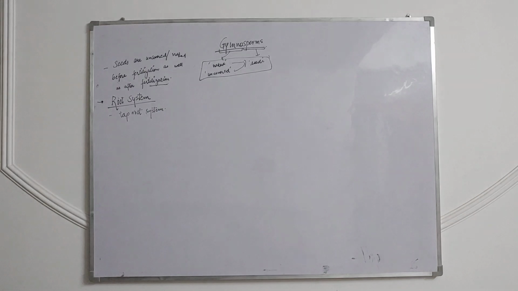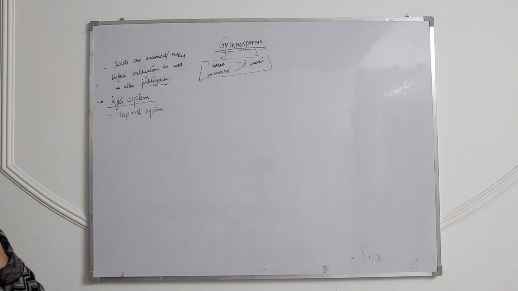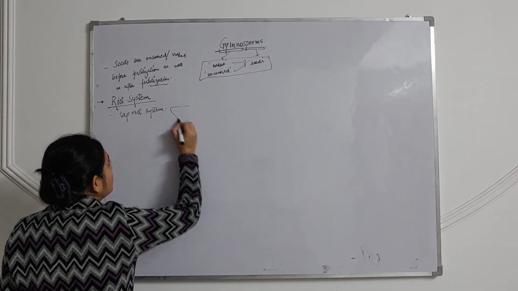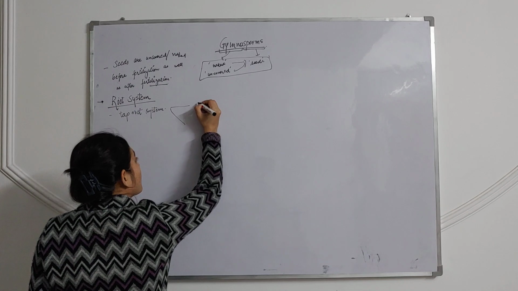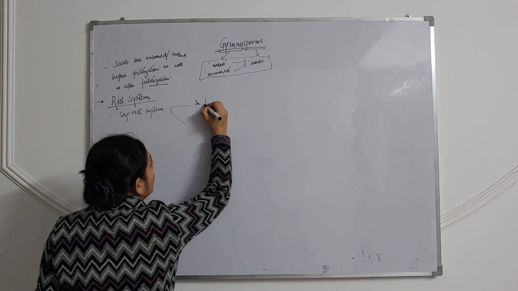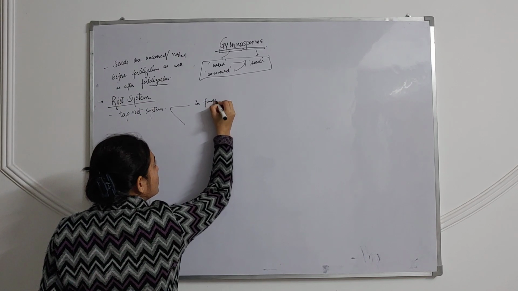In different genera, two different types of roots are seen. For example, roots in fungal association.